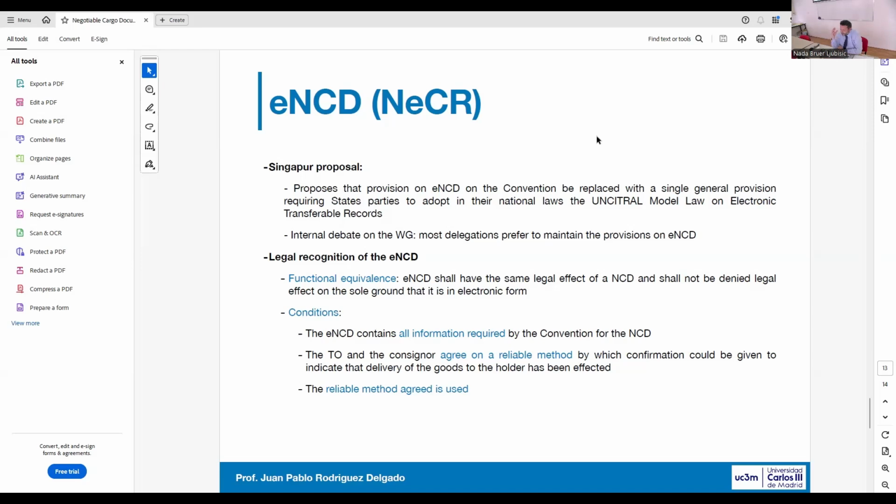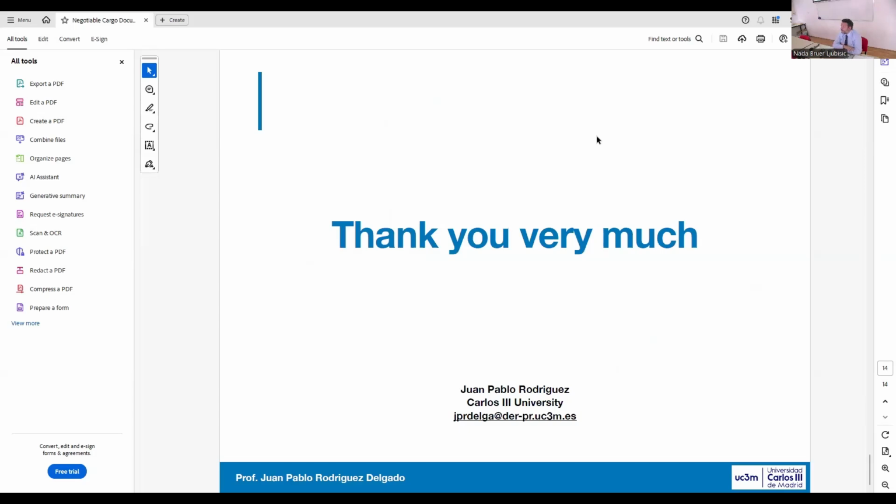So probably the solution will be to put a chapter in the convention on electronic records, but base this chapter on the model law on electronic transferable records, again under the principle of functional equivalence, as I mentioned at the beginning. So we are going to continue with the model of the UNCITRAL model law on electronic transferable records. So that's it. Thank you very much.